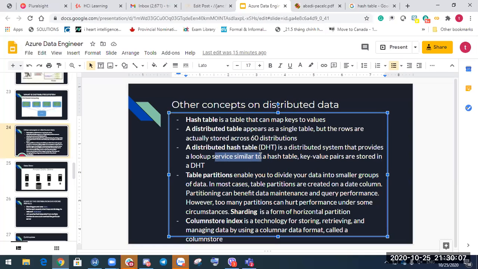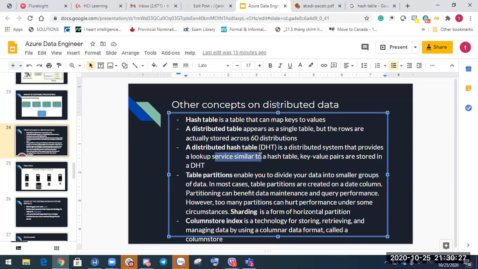You understand that a distributed system is multiple servers that act like one and use the strength of a cluster to solve issues while appearing to be one server. It's a similar concept to a distributed table.